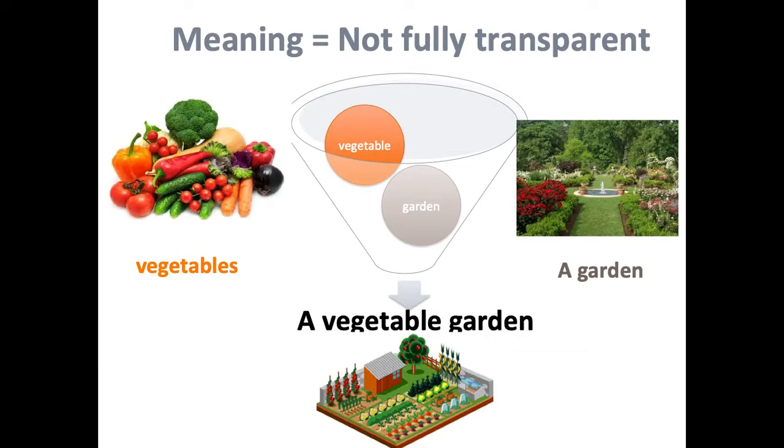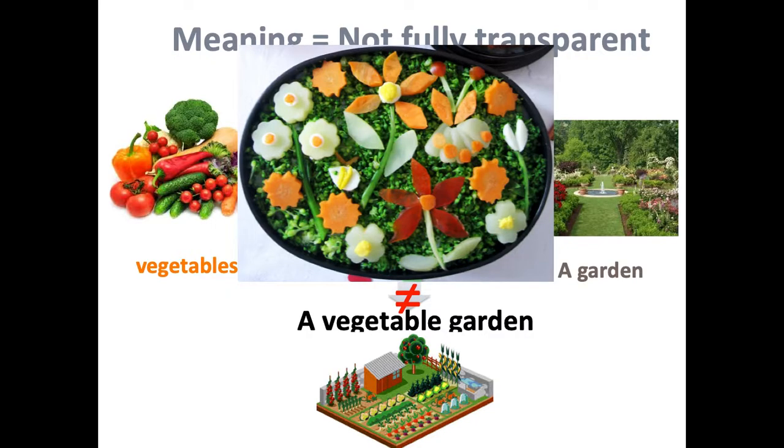It's different from the phrase big garden, for instance, in which garden really means garden. Okay, so even if the meaning potager seems quite obvious, it is not fully transparent. Someone who doesn't know the term might think that a vegetable garden is this, for instance, a garden which is made up of vegetables.